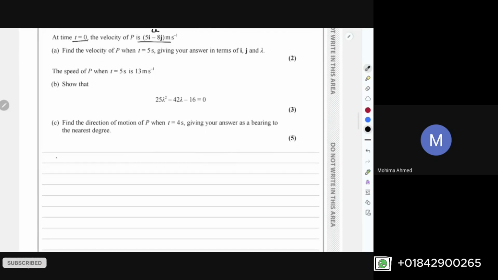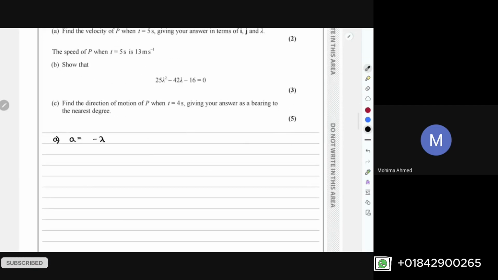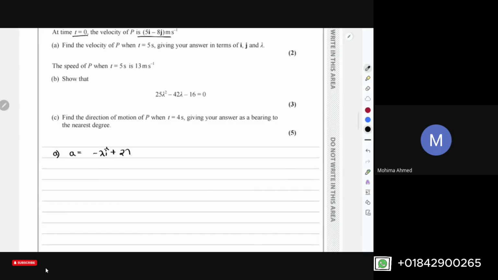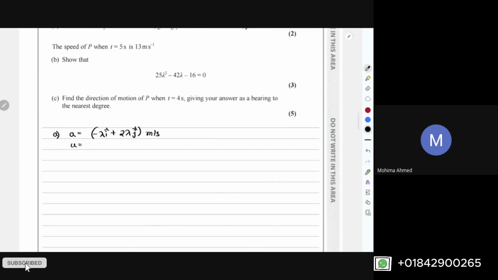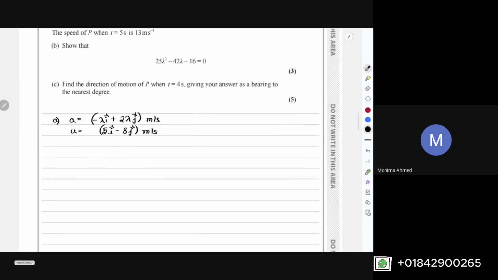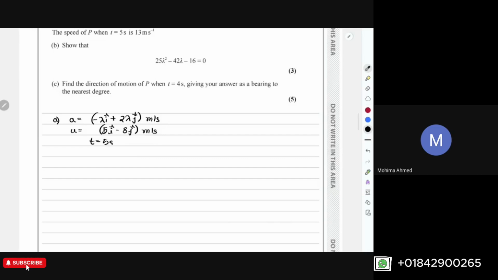I can understand that, okay, acceleration was what? Acceleration was negative i plus 2 lambda j meters per second square. Initial velocity over here was 5i minus 8j meters per second, right? And now the time has been given, 5 seconds. If I want to find out the final velocity, I have to use this one.